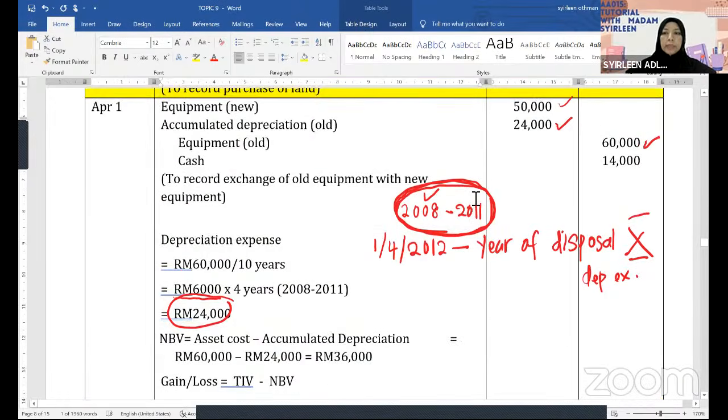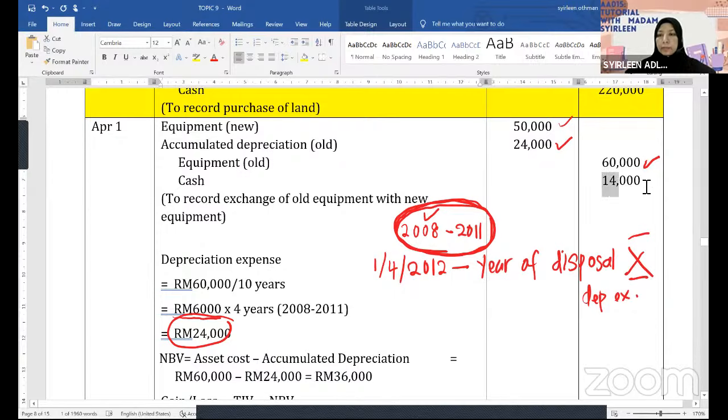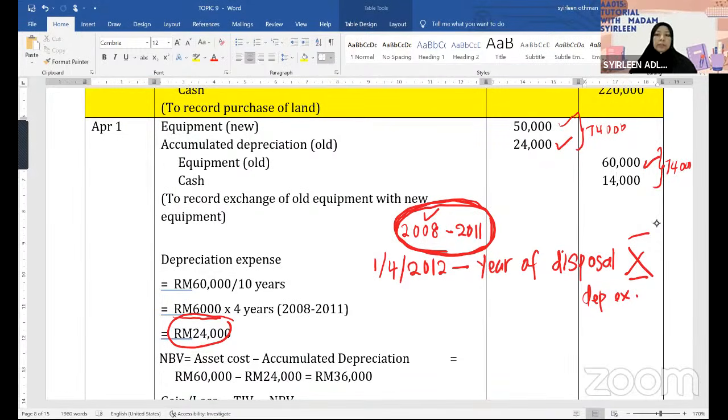Alright. Okay. So that's how I come out with this amount lah. Okay, I came out with this amount 14,000 tu melalui sini. Okay, bila you tengok dekat sini, nilai ni is 74,000. Alright, and this amount here is also 74,000. So that means journal you memang dah balance dah. Kalau saya guna monthly basis, okay, saya akan dapat gain on disposal.